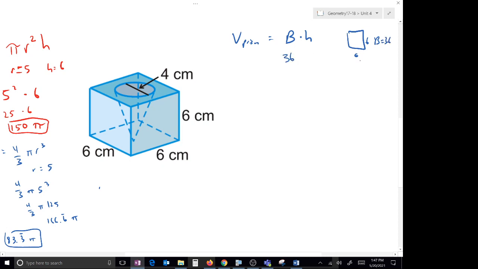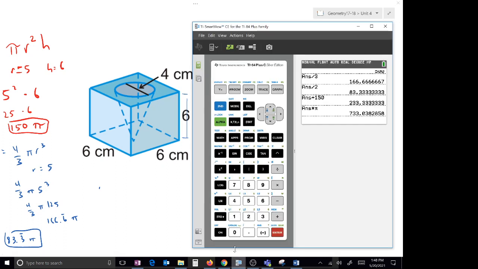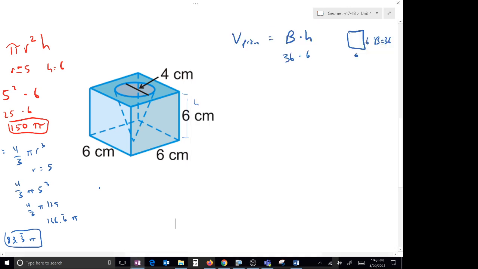Our height is also 6, so 36 times 6 is 216. So we got the volume of our prism.